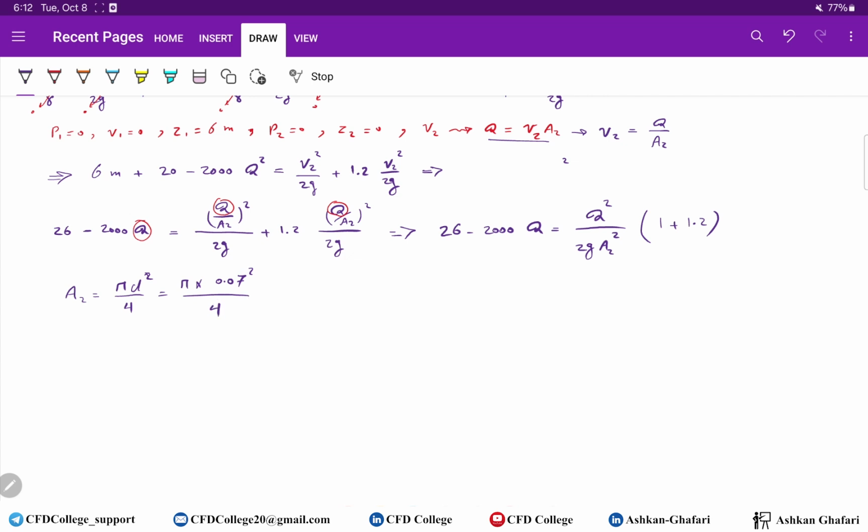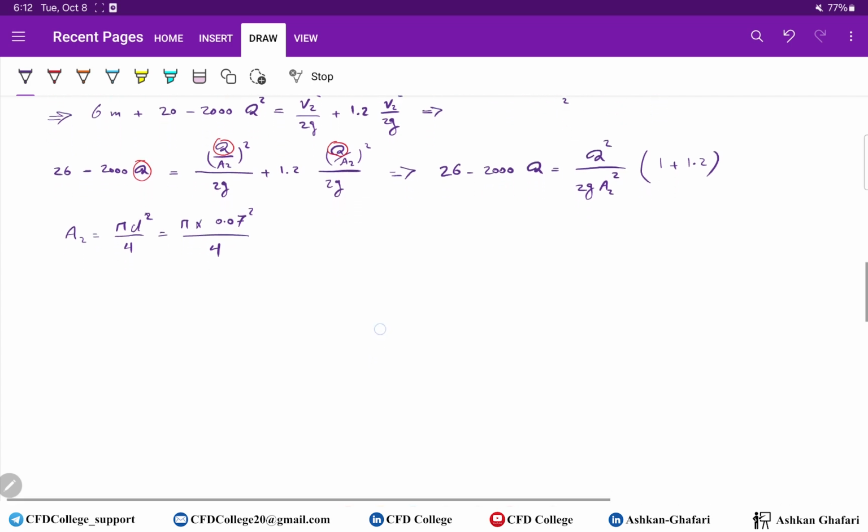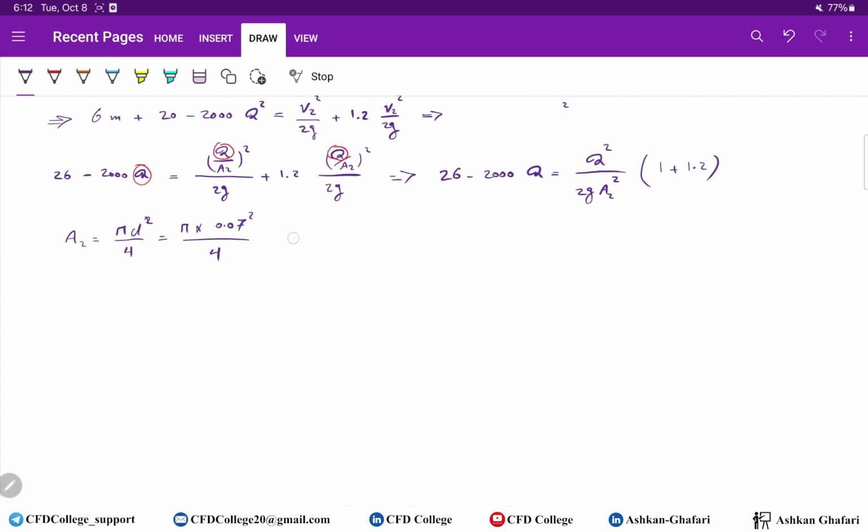So you know A2, and the only unknown is Q. We also know gravity equals 9.81 meters per second square. So from that equation you can find Q equals 0.052 cubic meters per second.